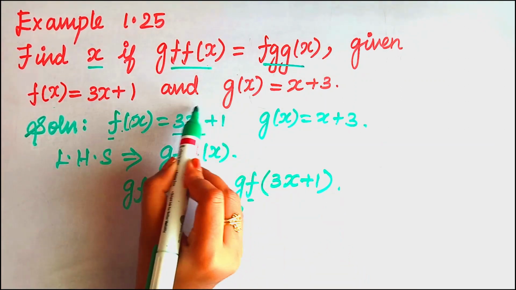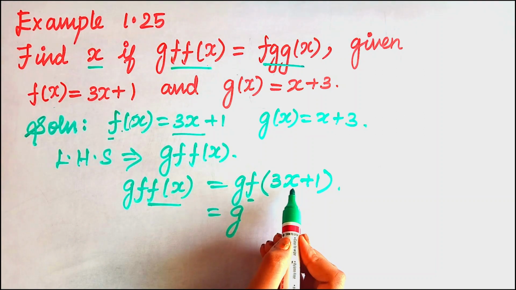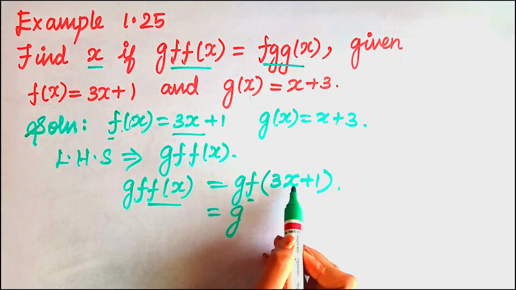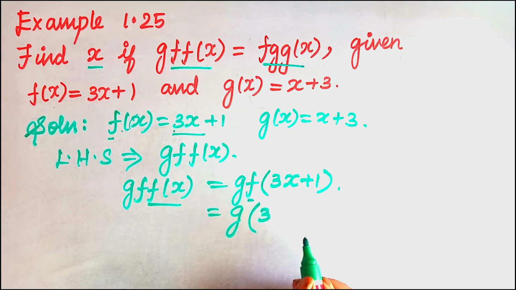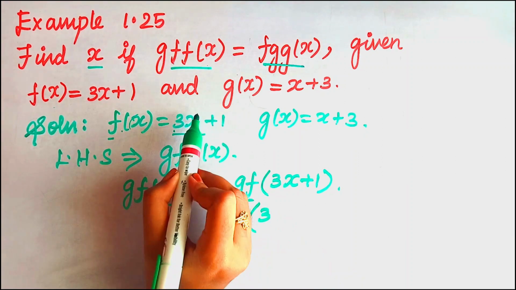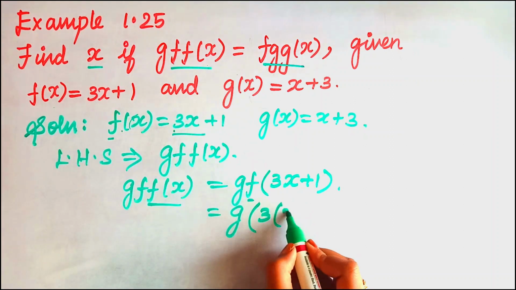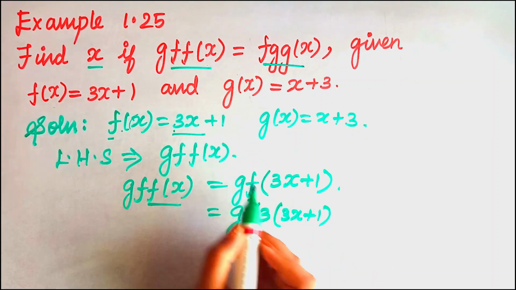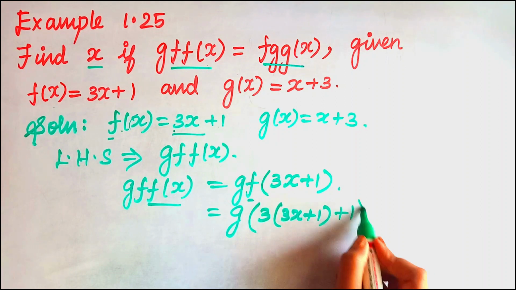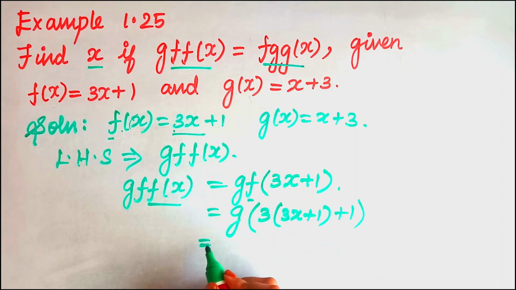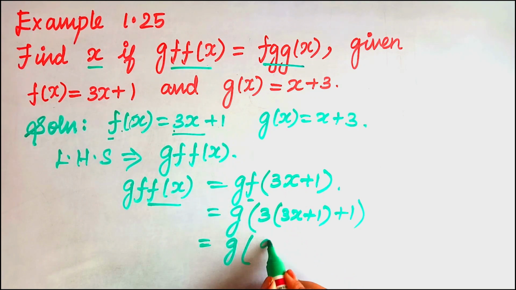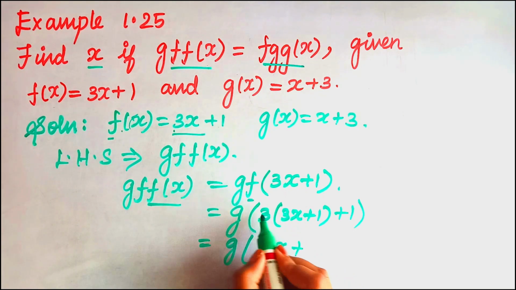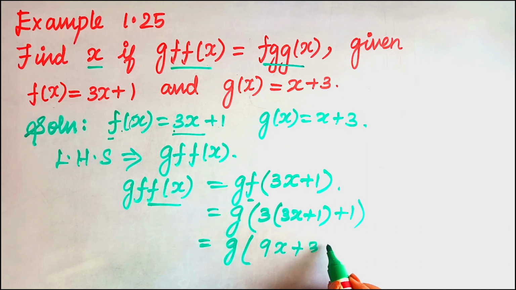So in the equation, in the place of x you have to replace x by 3x plus 1. So first substitute 3, and in the place of x put 3x plus 1, and then plus 1. This is the procedure. And then g of, we multiply 3 into 3, it's 9x plus 3 ones are 3, plus 1.